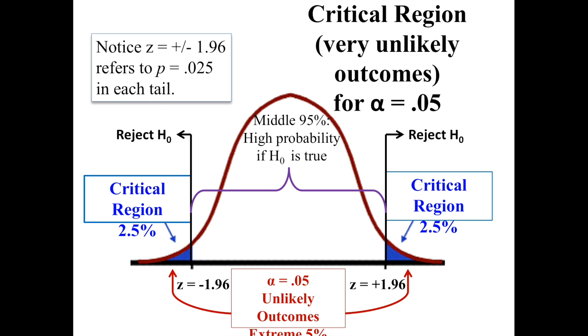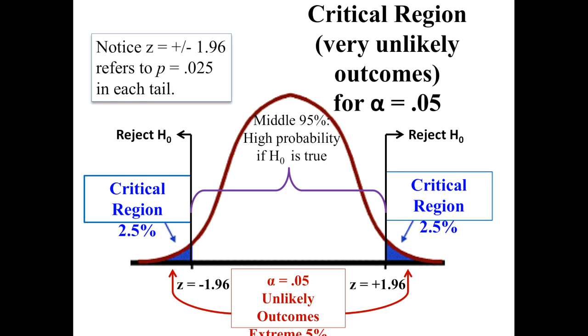Okay. The previous slide showed a one tail. This is a two tail now. So we're going to have a z-score of 1.96. If you look up z equals 1.96 in your unit normal table, you'll see in the tail column that it refers to 0.025 in each tail.